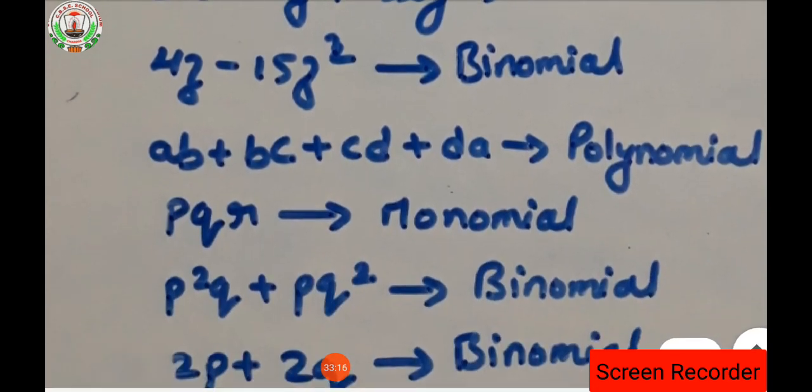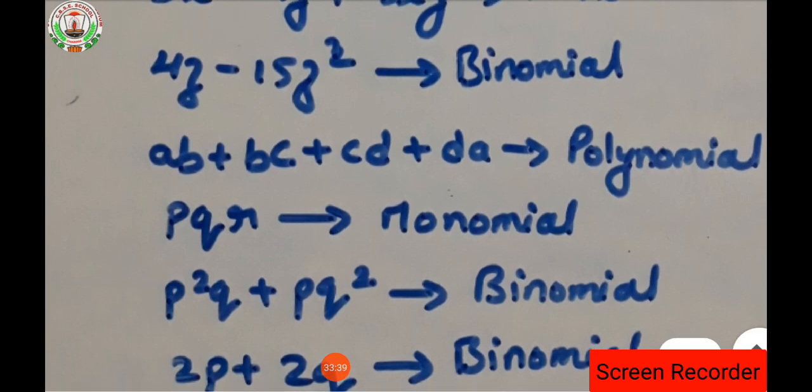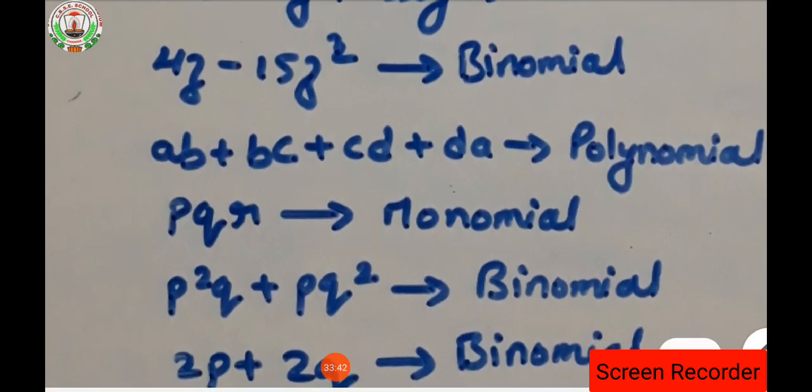Next, AB plus BC plus CD plus DA has more than 3 terms, that means it will be a polynomial. Then QRP is 1 term, that means monomial. Q square P plus P Q square is a binomial since it has 2 terms. Then next one is 2P plus 2Q, again 2 terms, that means binomial.